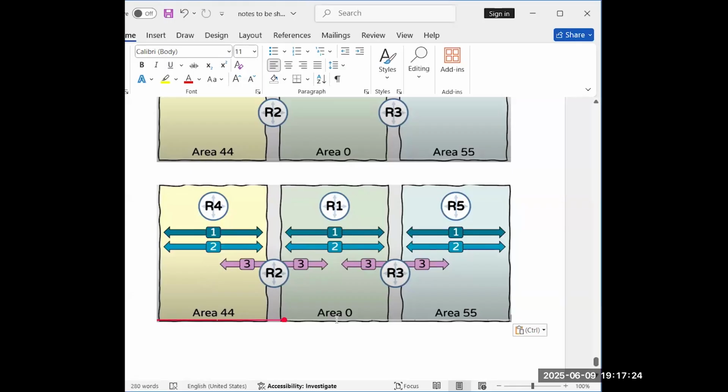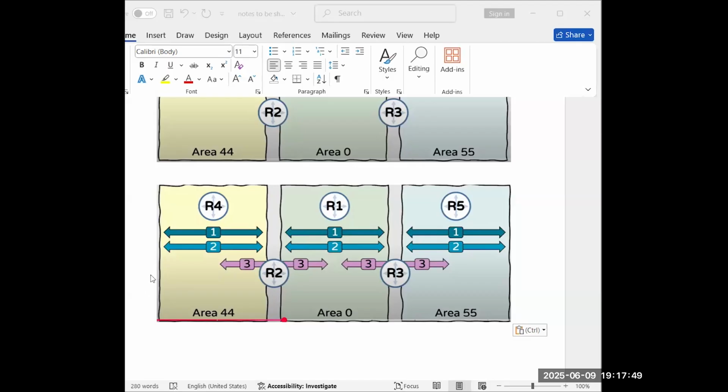So what happens here is, type 4, as I've told, is sent by the ABR when the ASBR is in the foreign area. So this router is going to send a type 4 update to this ABR router.